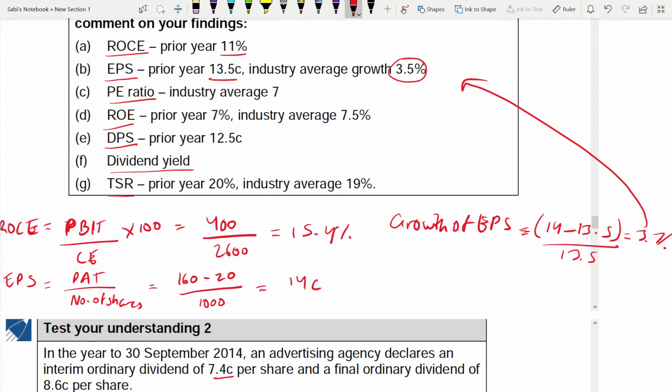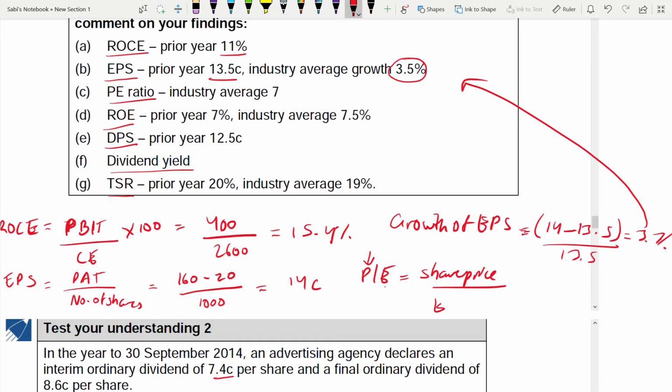Coming to the PE ratio. What is the formula for PE ratio? Share price divided by EPS. Because price earnings, this P stands for price, share price, and this E stands for earnings, earnings per share.